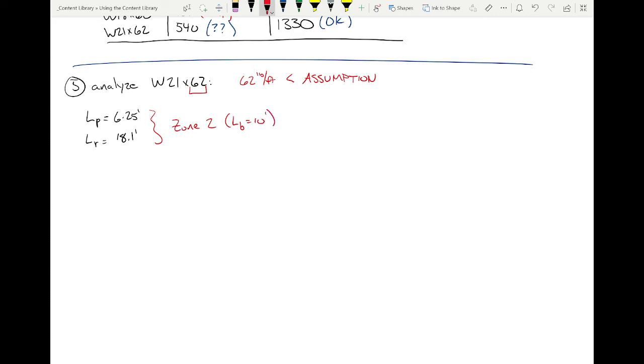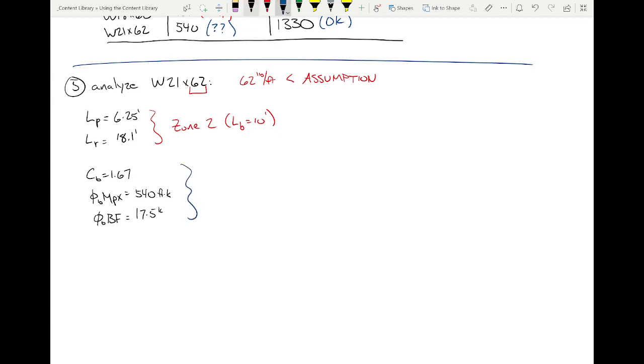All right? So in order to do a zone 2 analysis, we need a couple of things. We need our CB value, which is 1.67. We need our phi and P, which we already looked up. That was 540. And we need our phi BF. What's phi BF? 17.5.